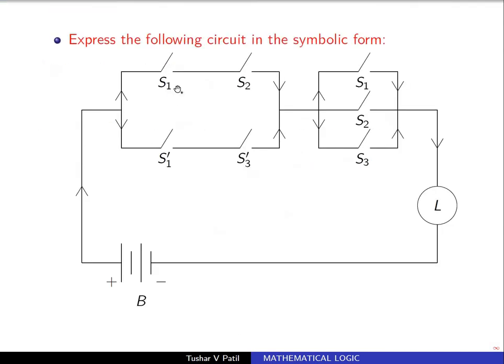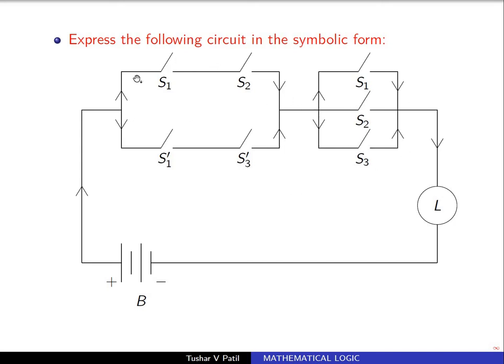Another example: express the following circuit in the symbolic form. Here is the new circuit. First we will study the switches. Here there are two boxes.